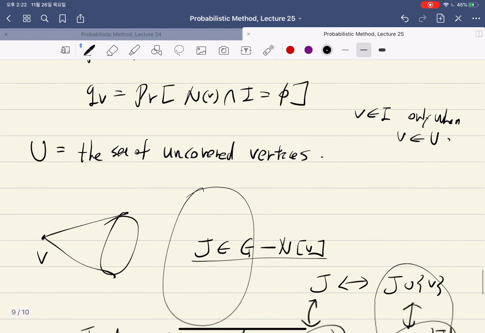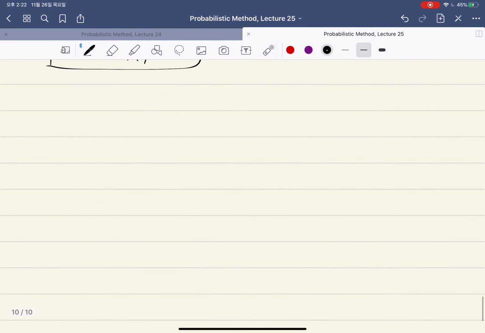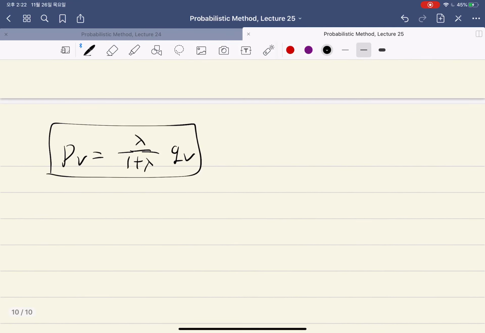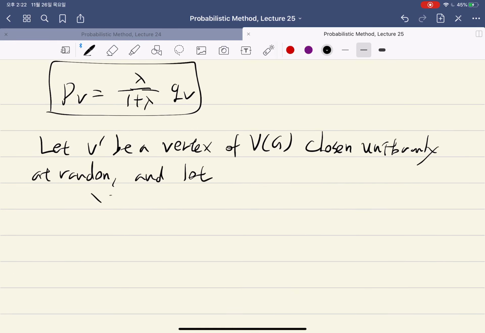So now we want to measure this alpha of G lambda in two ways. For that, let B prime be a vertex of G chosen uniformly at random, and let Y be the random variable which measures the number of uncovered neighbors of B prime.